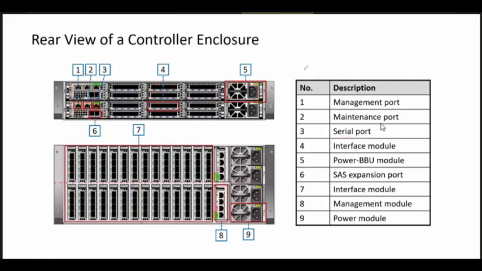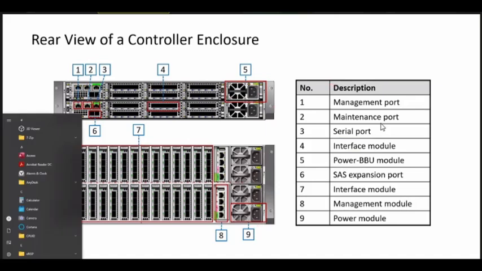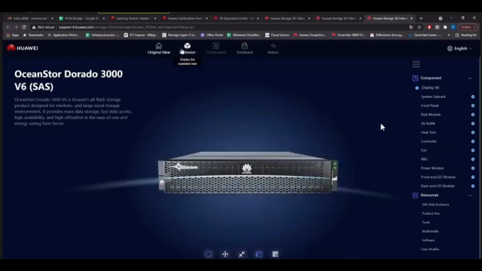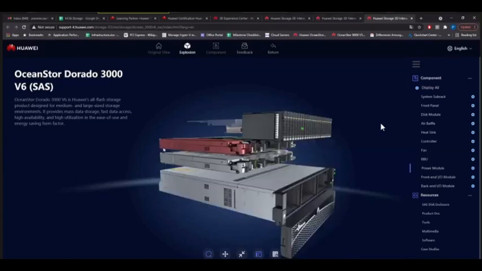Sorry for interrupting. No worries. What's the difference between controller A and B? Is it for redundancy, or is there any reason? Okay, so if we go back to this picture here, the Huawei 3D storage guide, you'll see that the integration module comes with two controllers.